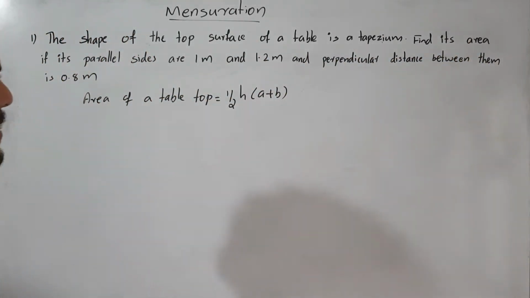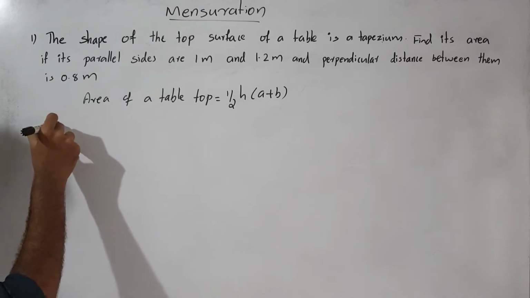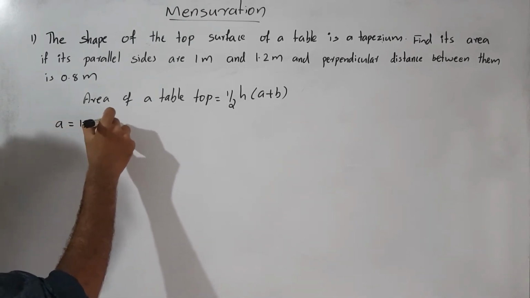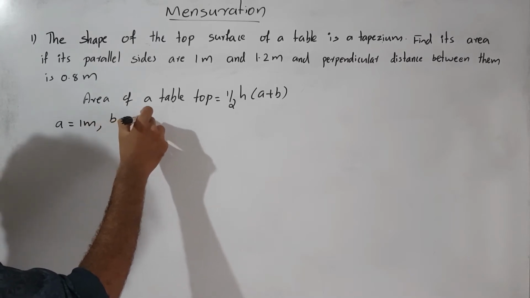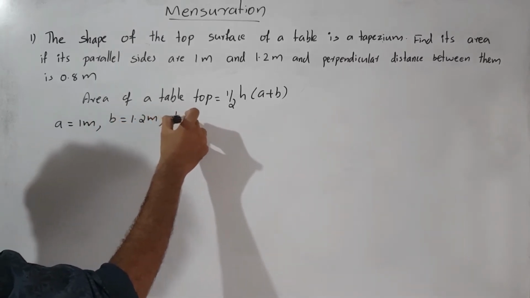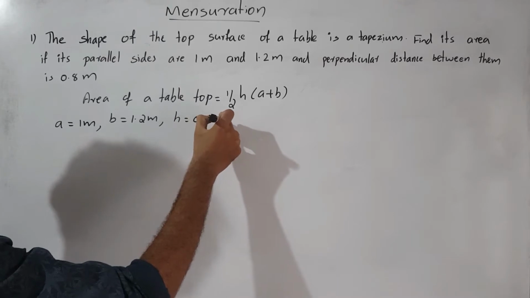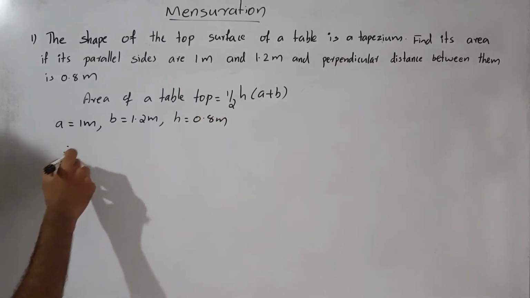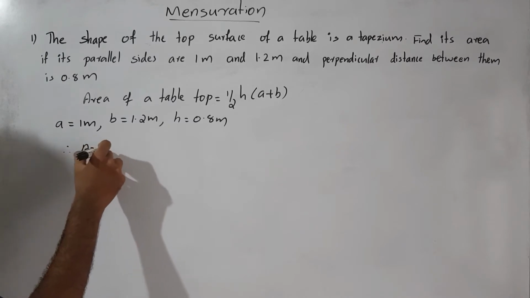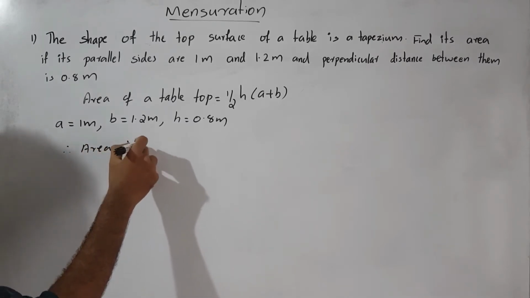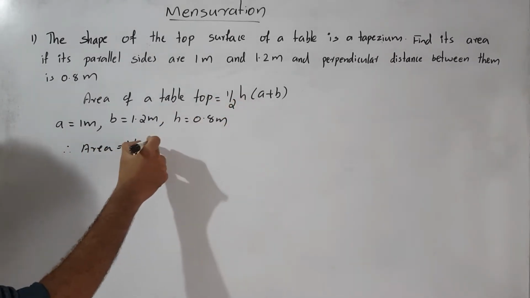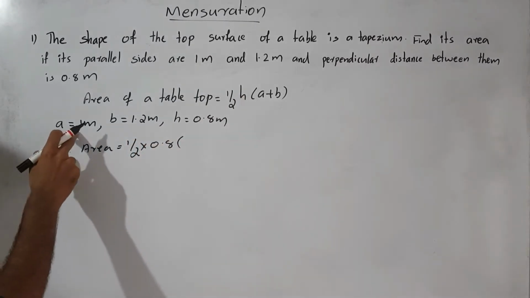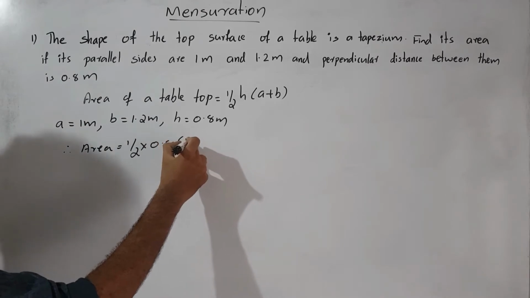Next we choose the values: a is equal to 1 meter, b is equal to 1.2 meter and h is equal to 0.8 meter. Next we substitute the values in this equation. Therefore area is equal to half into h, h is 0.8, into a plus b, that means 1 plus 1.2.